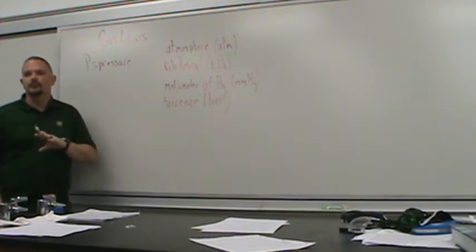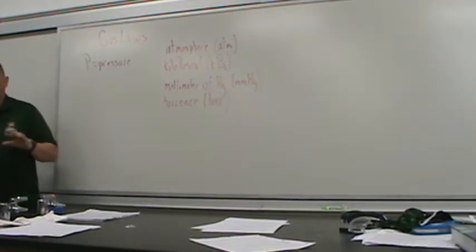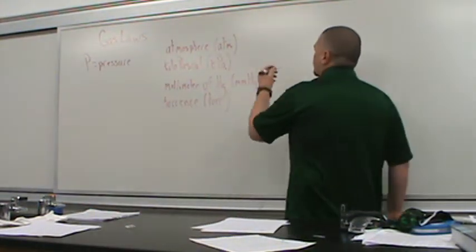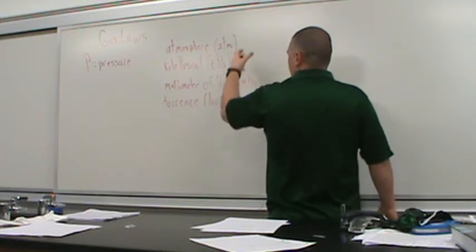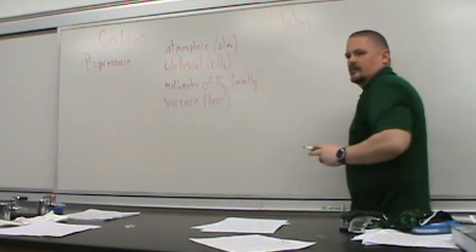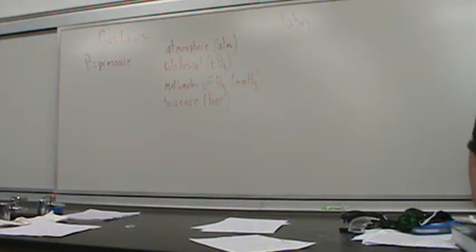Now if you need to convert from one to the other, there are conversion factors we need to use. We'll work our way down. If we start with 1 atmosphere, it's the easiest number because it's always going to be 1.